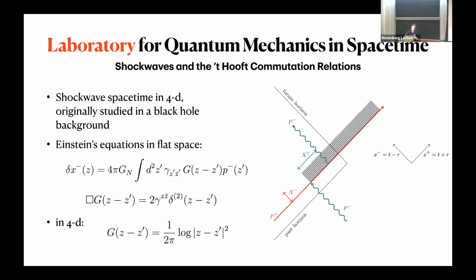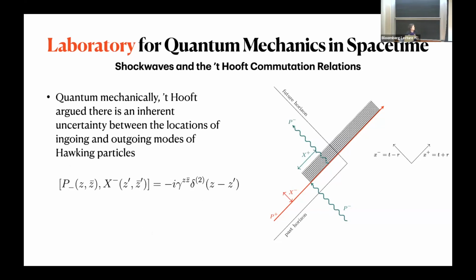What 't Hooft did was to promote these operators to just be this momenta and position now of particles, okay, that have classical meaning, to a commutation relation. And I'm not going to actually try to justify his reasoning for this.